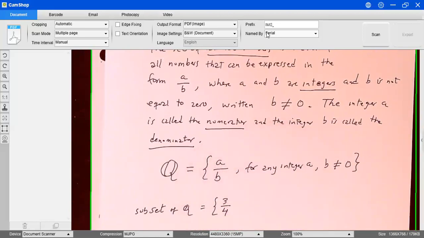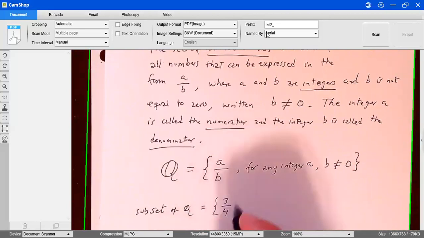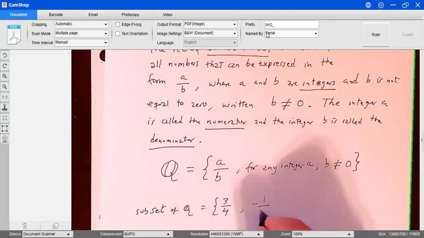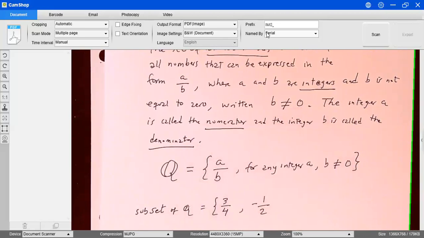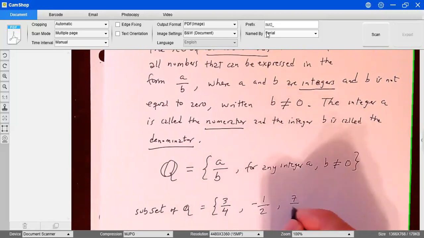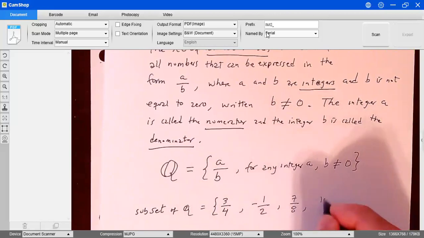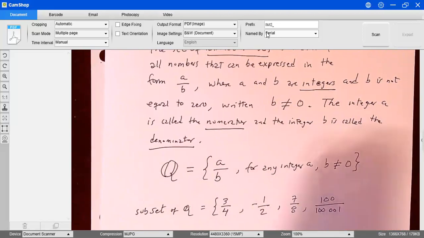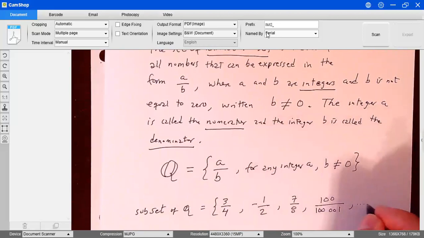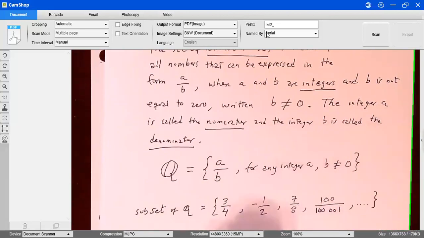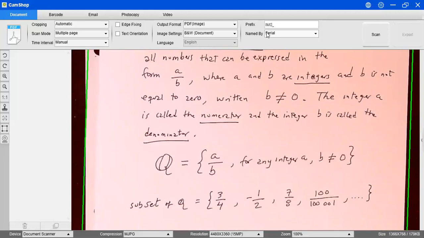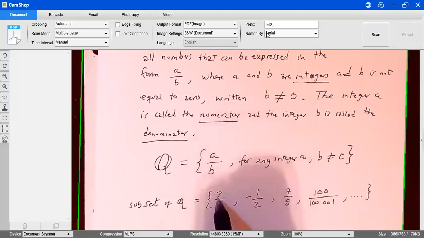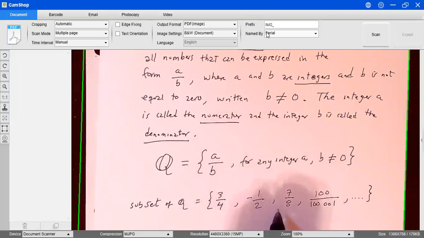So that's a rational number. You can have -1 over 2, another rational number. You can have 7 over 8, or 100 over 100,001, and so on. Any fraction that you can write is going to be a rational number, as long as the numerator is an integer and the denominator is another integer different than 0.